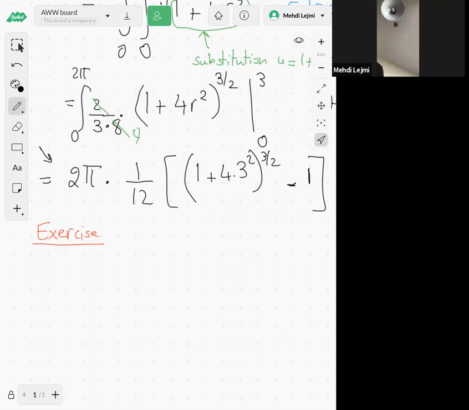So let's say, here's a parameterization phi. The surface S is given by phi.